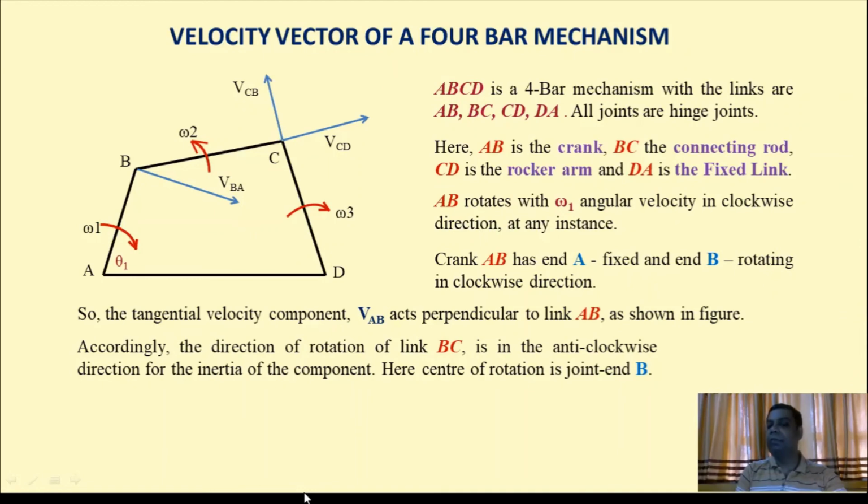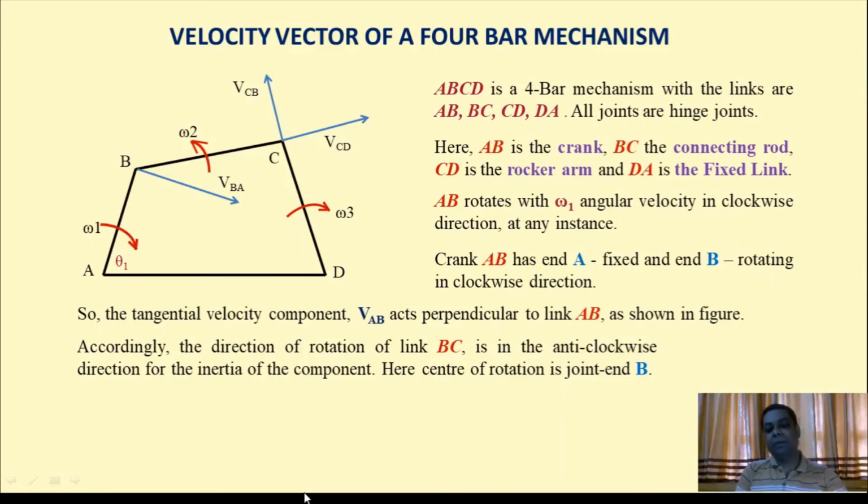This is the point you must understand: when this type of mechanism comes into the picture, for the adjacent links we are considering, if the inscribed angle is less than 180 degrees, I repeat, less than 180 degrees, then when one link is making a clockwise rotation, the adjacent moving one should make the opposite, that is anti-clockwise rotation. That happens due to its own inertia.